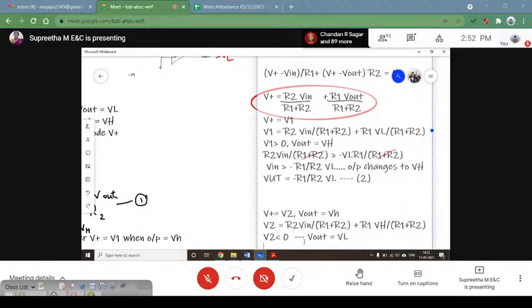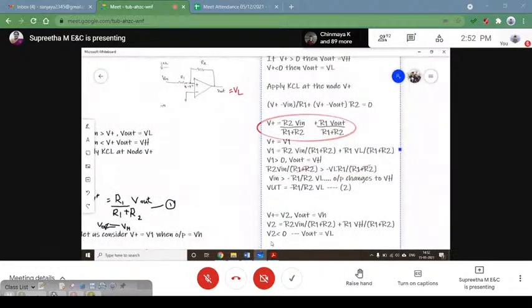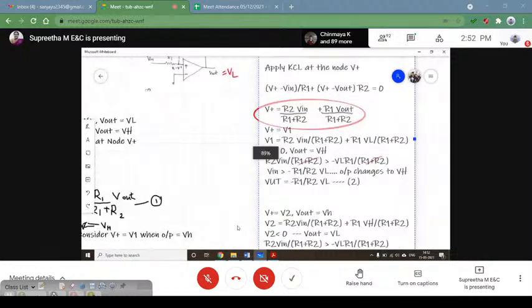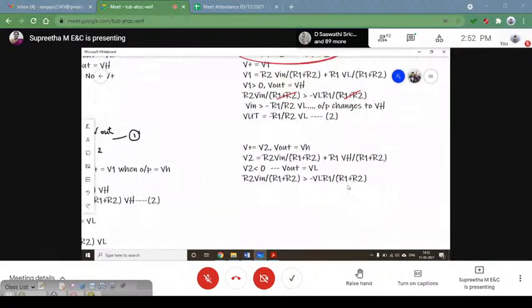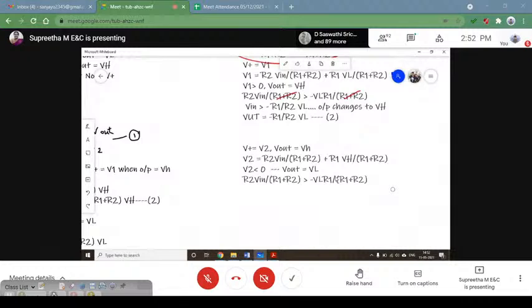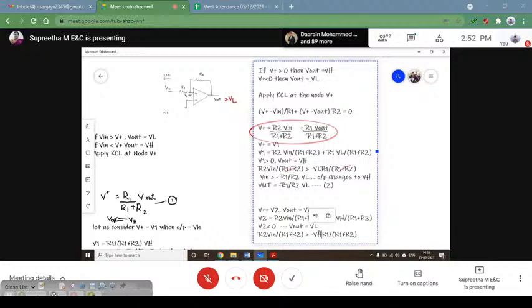Now when you simplify it further in a similar manner, I can say R2 into Vin by R1 plus R2 is, instead of greater than, it is lesser than minus of VH into R1 by R1 plus R2.